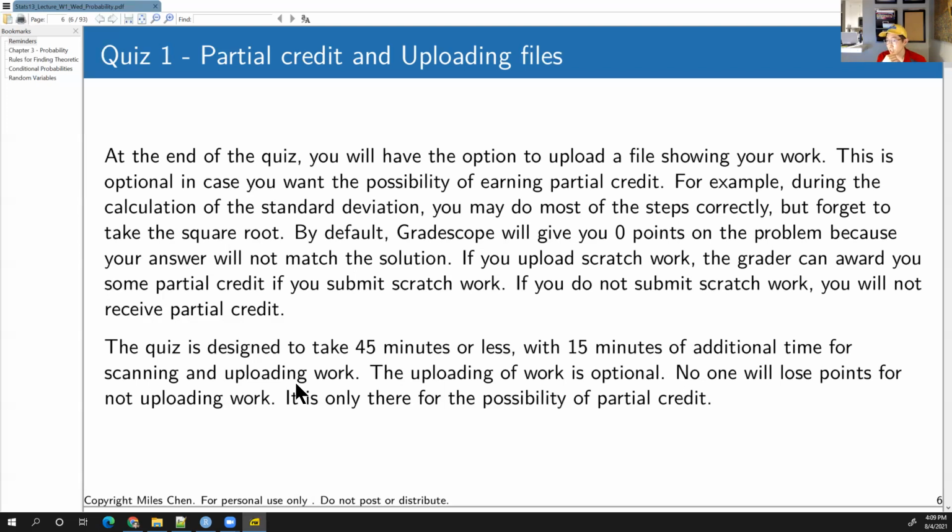Okay? Question says, how many questions are on the quiz? The answer is, it depends from quiz to quiz. And as we go through the materials, certainly some material is easier than others. And so it's going to depend. I think I'm fairly generous with the time.